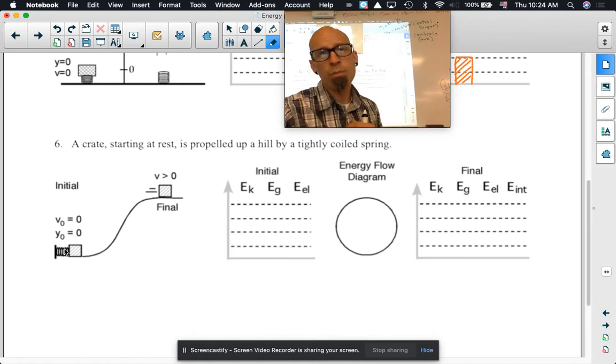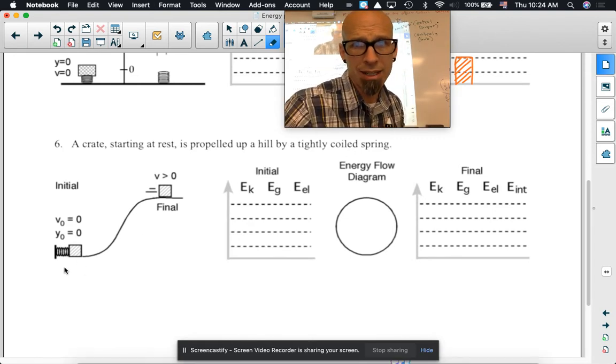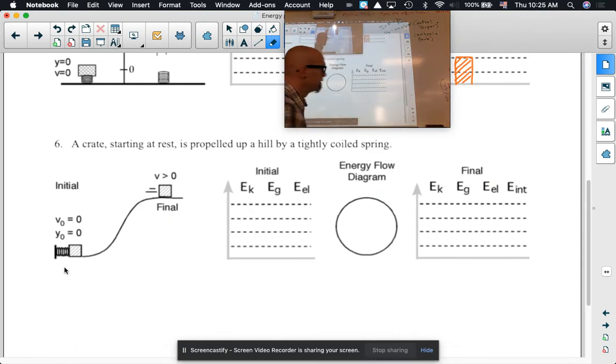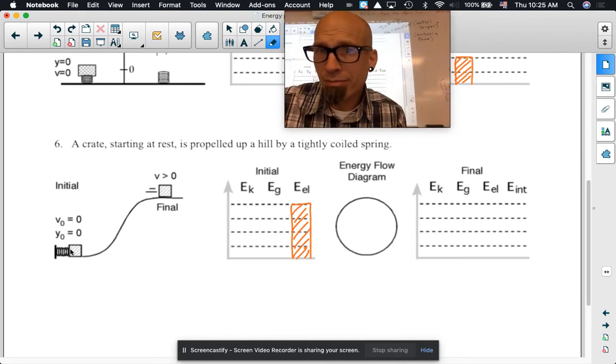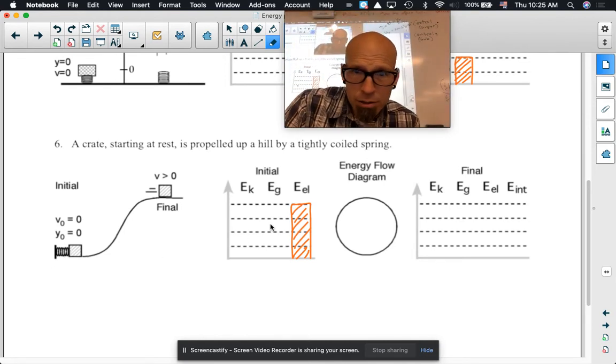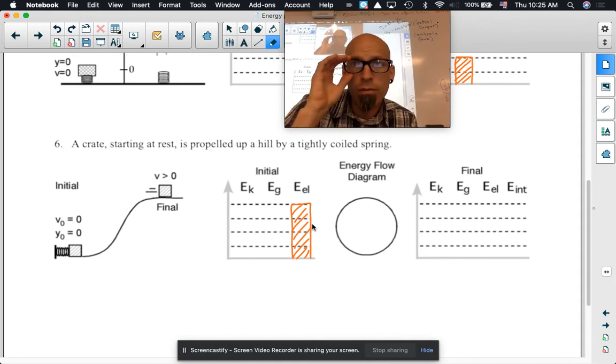So we must have some elastic energy in the spring. How much? I'll probably go full bore on it and say 4 blocks because I can. We have no movement and no height, and all we have is the spring. So I'll just say that all of the energy we have is elastic, and we'll go with all 4 blocks.